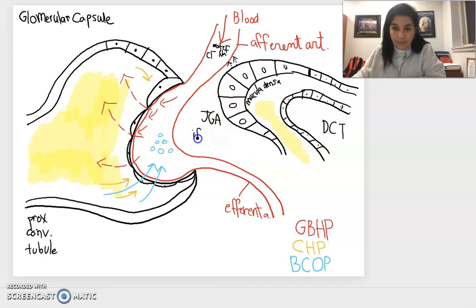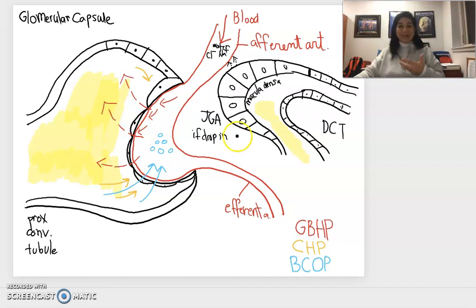So in response to a drop, I'll write it here, if there's a drop in water, which will then be blood volume, right? Because they're linked, since blood is an aqueous environment, and if there's not enough water in your system, you're going to have less blood volume.